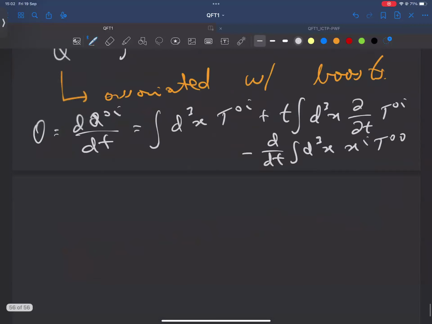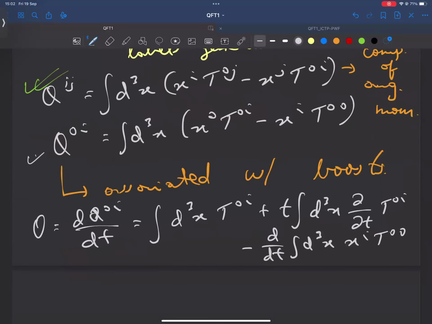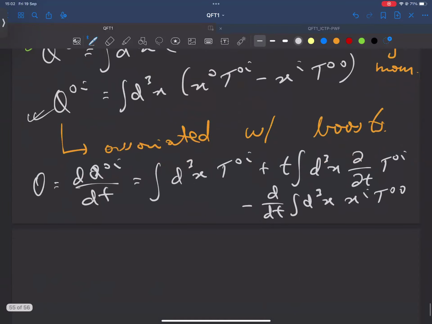I'm just taking the time derivative of this quantity carefully. Now you can identify the first part as the three-momenta, P^i, and this part is just dP^i/dt.